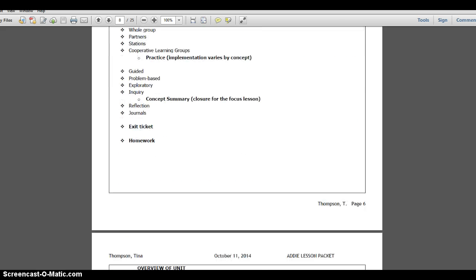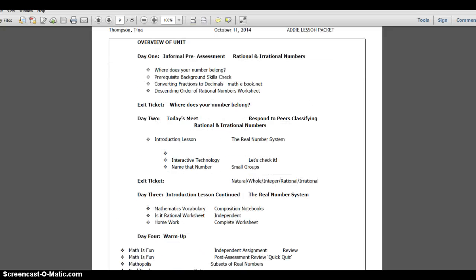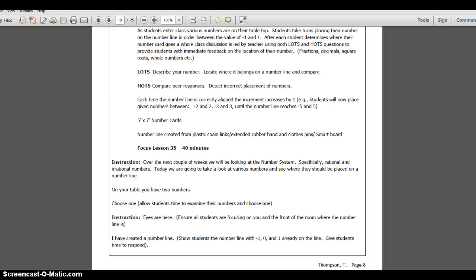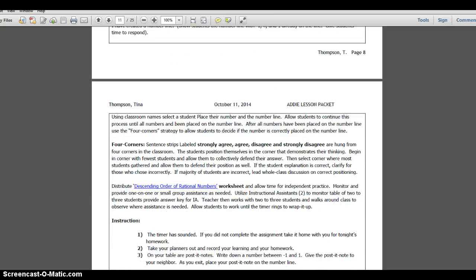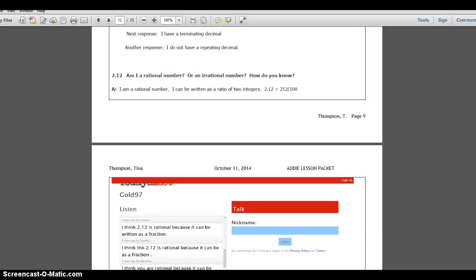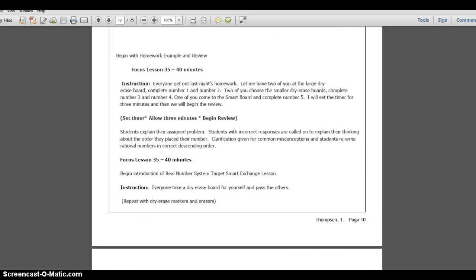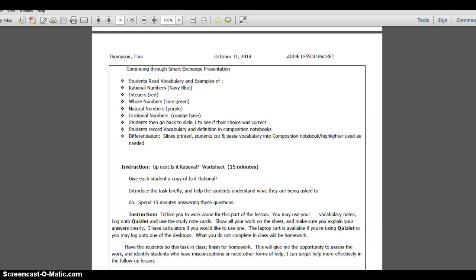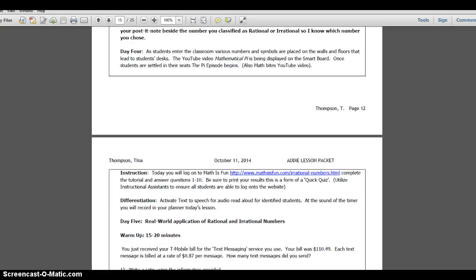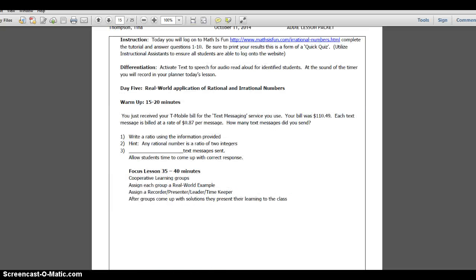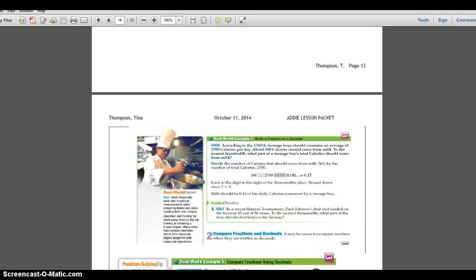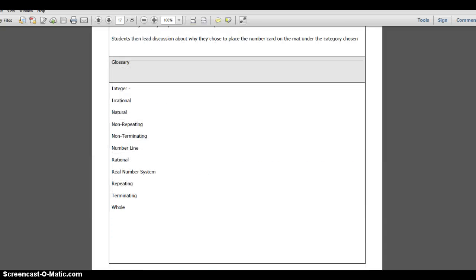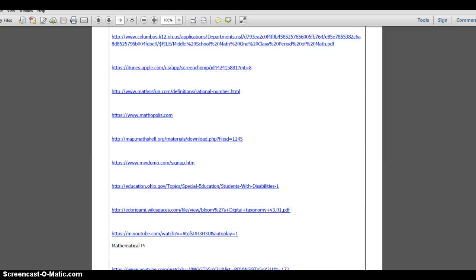As you scroll through the document, the PDF version makes it very easy and user-friendly to see step-by-step procedures, instruction, activities, where the internet and technology have been implemented and integrated throughout the lesson. All web links are active, and again, more opportunities for real-world application.